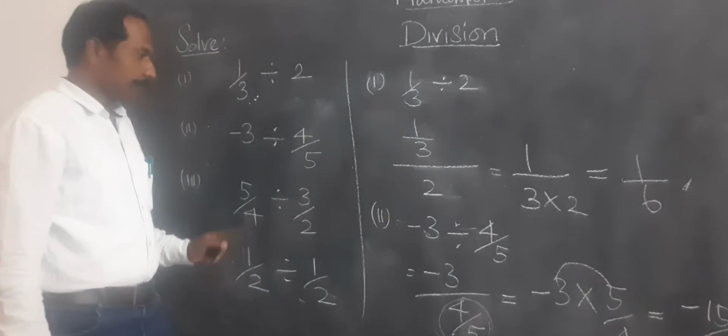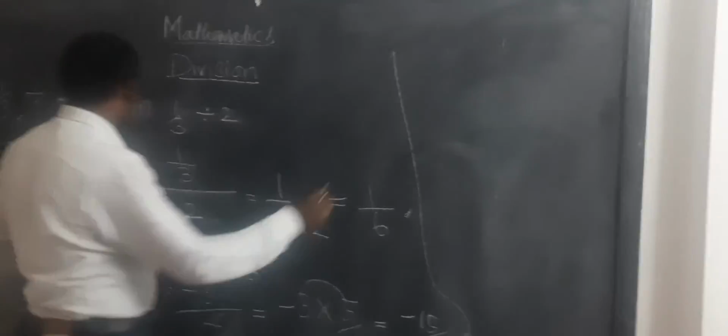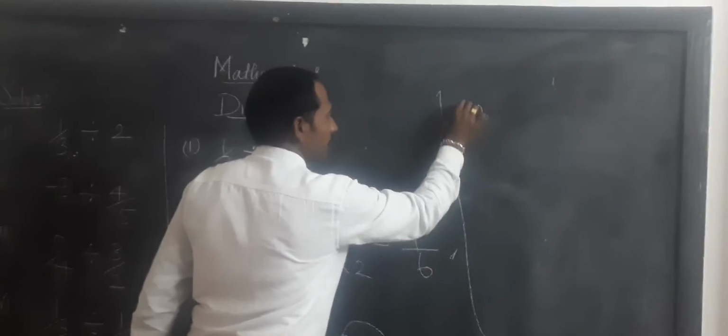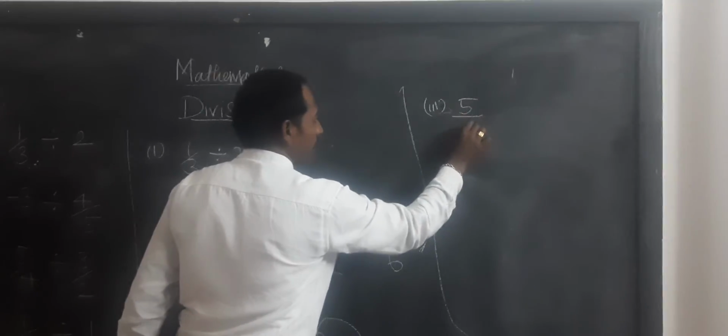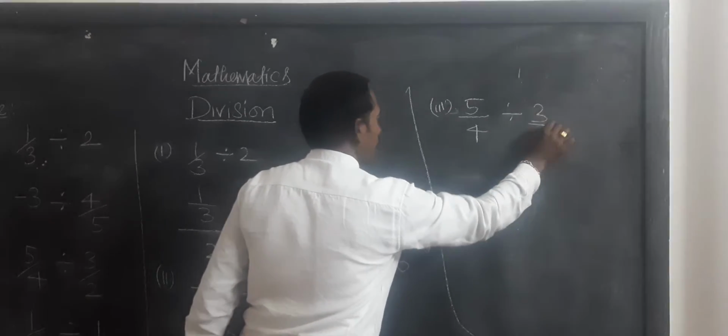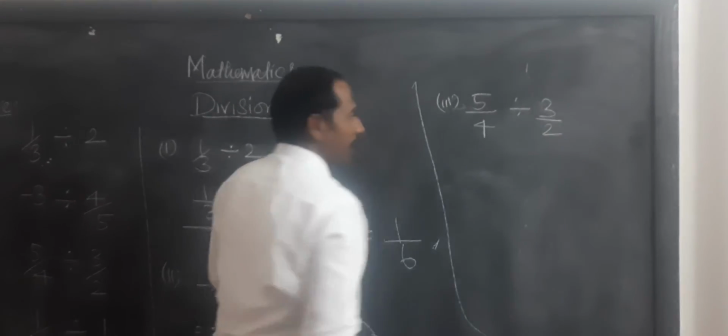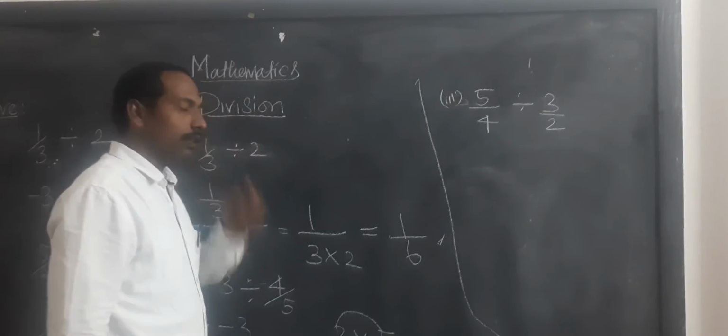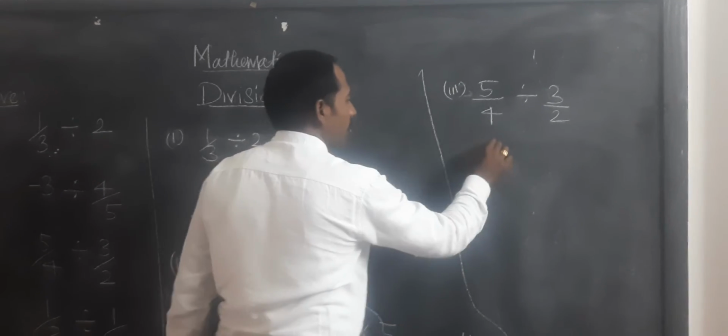So third one, where both numbers are fractions. Third problem, 5 by 4 divided by 3 over 2. You can read over or by, either way.